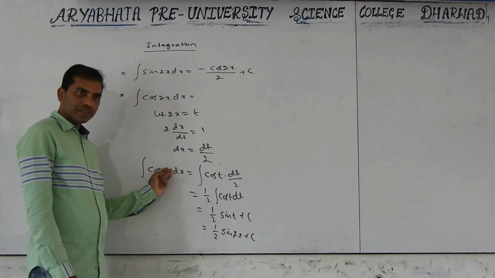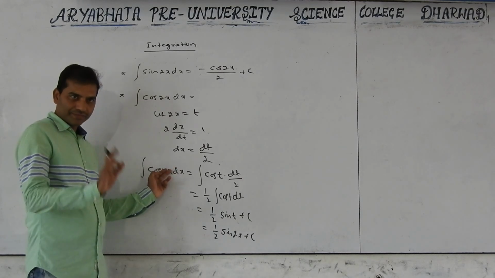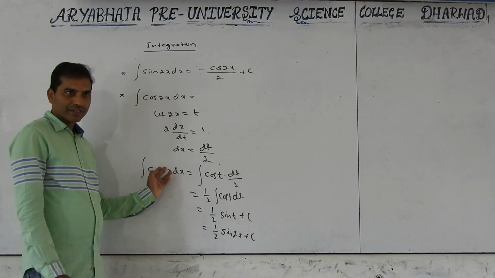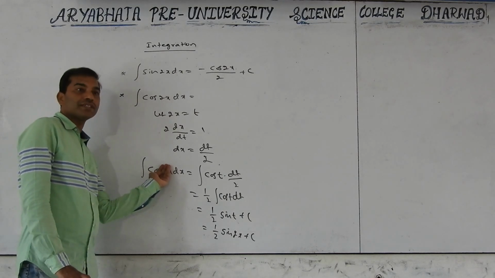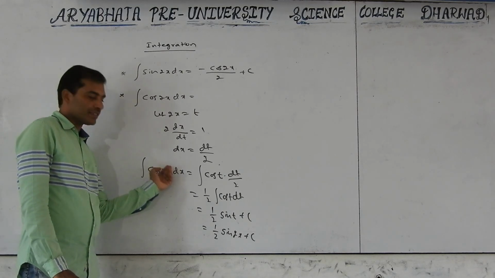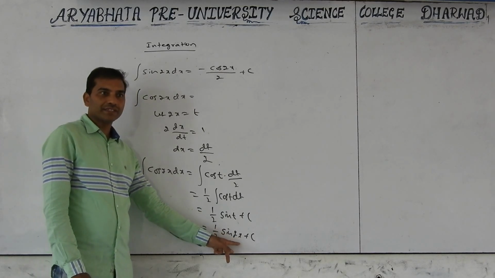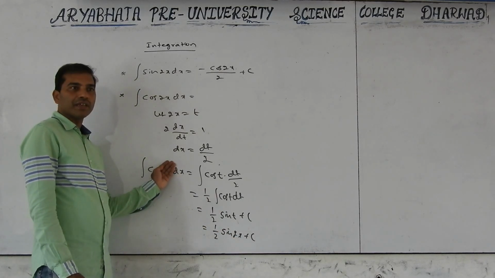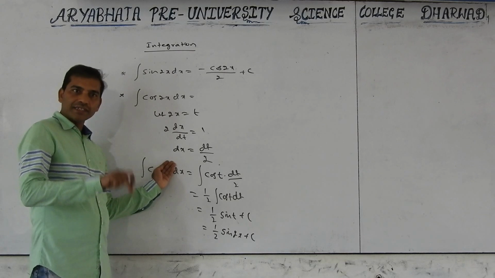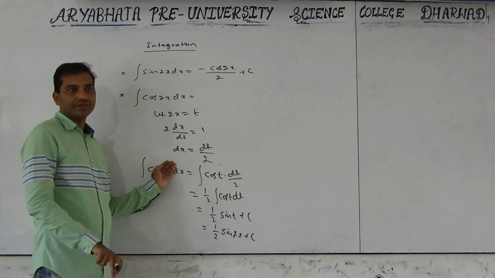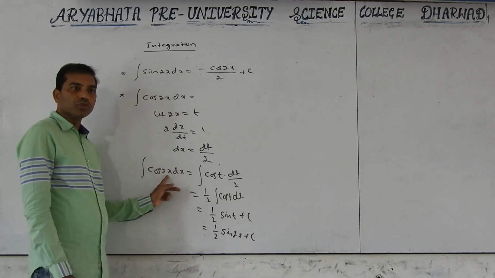Consider 2x as t or x. Cos x integration is sin x, so sin 2x. What we have assumed as x or as t, differentiate that. 2x differentiation is 2.